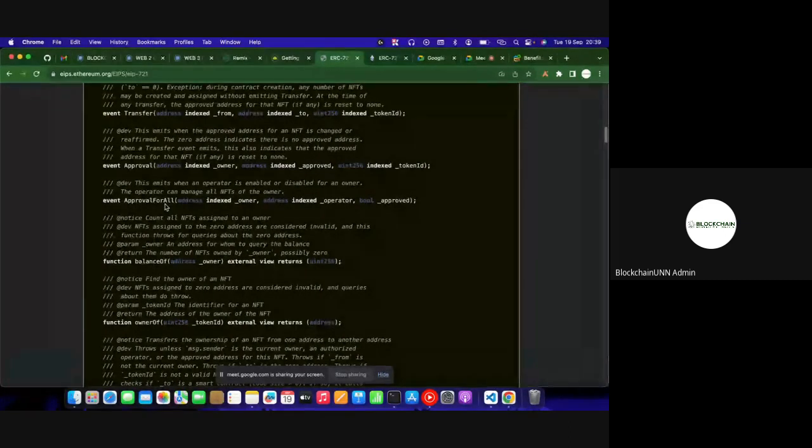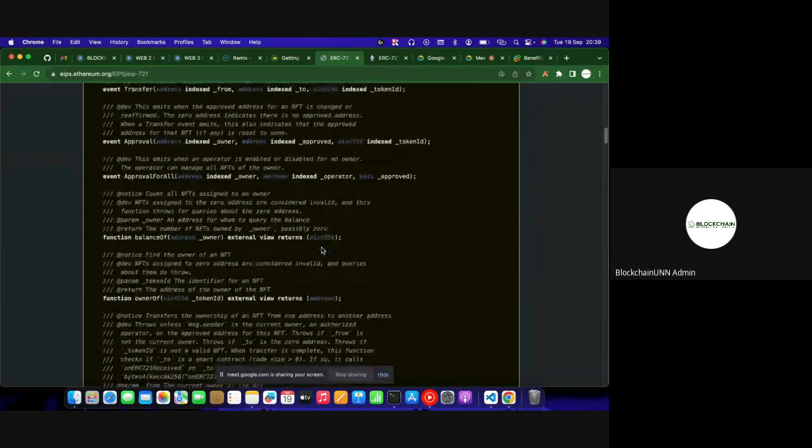But just know that marketplaces most times will require you to give them that permission, the permission to manage all your NFTs. And so when you give that permission to an operator, you emit the approval for all event. As you can see, what you're emitting is the owner, the operator, and the status of the approval, whether it's true or false.